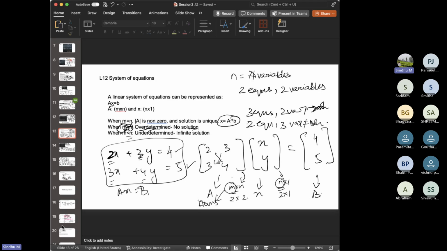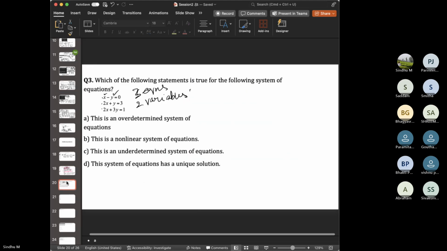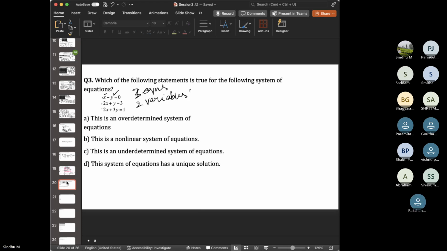So it is a case of m greater than n. So it's an overdetermined system. So here m is greater than n, so it is overdetermined. So the correct answer is option A.